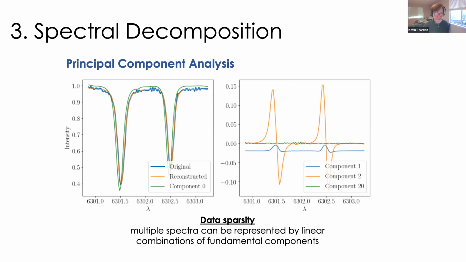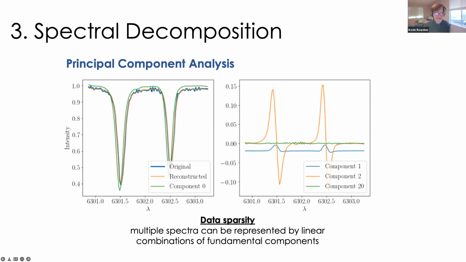This falls into the realm of data sparsity, where we can take multiple spectra, break them down into a set of fundamental components, whether eigenmodes or orthogonal components, and represent an observed spectrum by a linear combination of these different components.